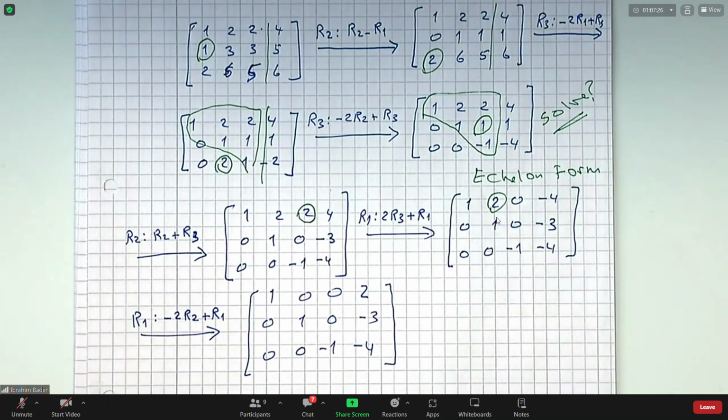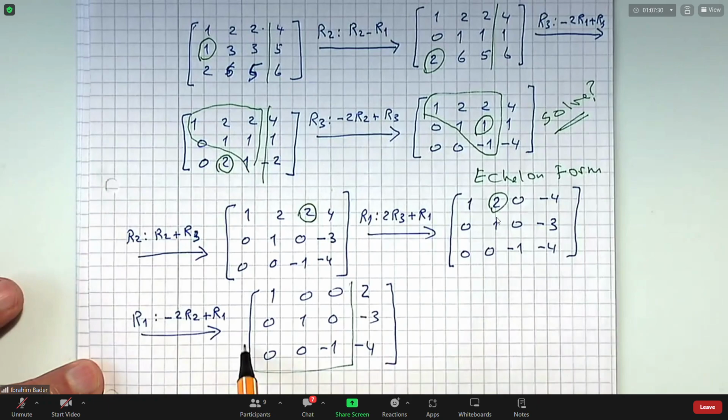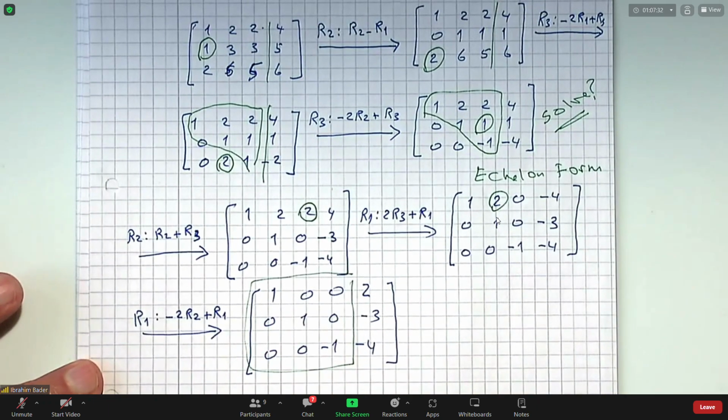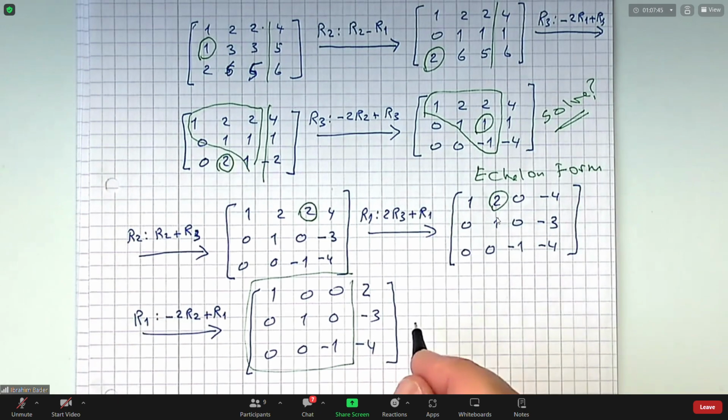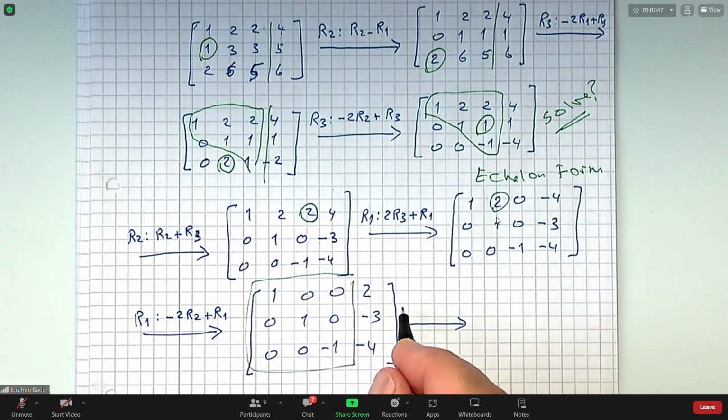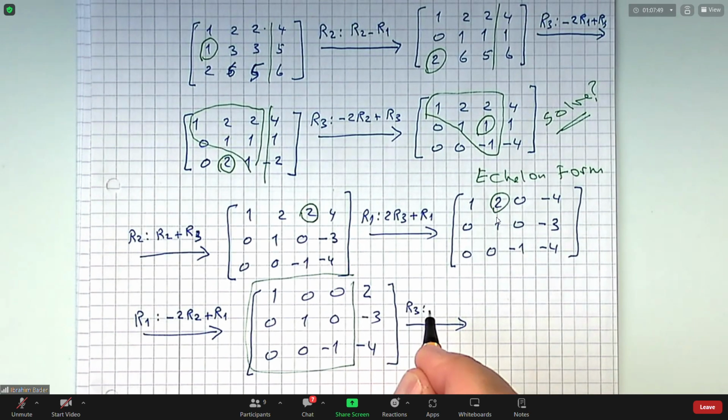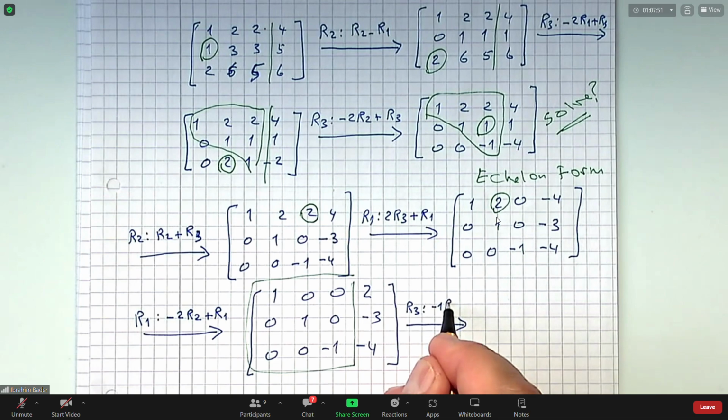Okay, as you see here, this becomes almost the identity with 1 in the diagonal, but we need to fix this -1 here and multiply it by -1. So the last step remains to just multiply R3 by -1.